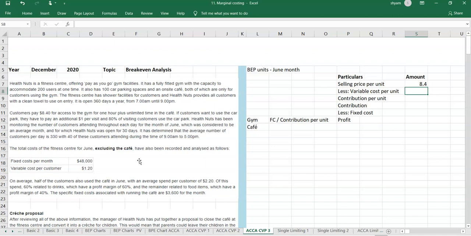Okay. So excluding the cafe, the variable cost and fixed cost are like this. So we are doing it for the gym alone.